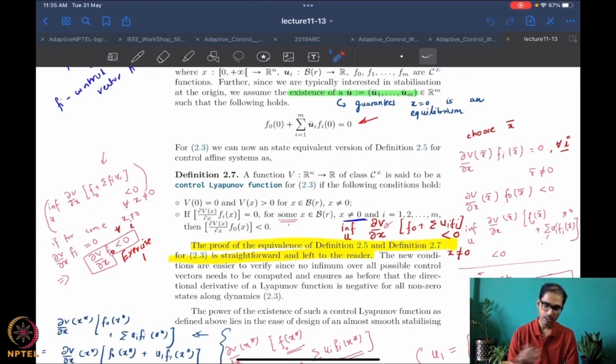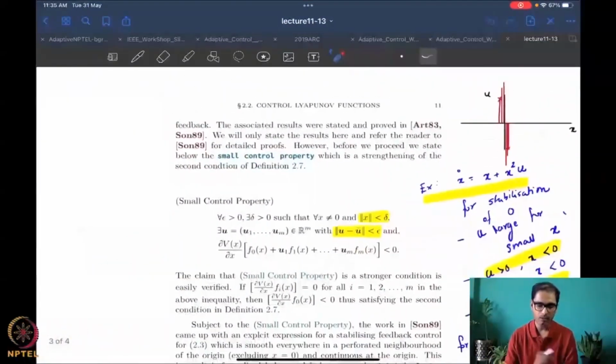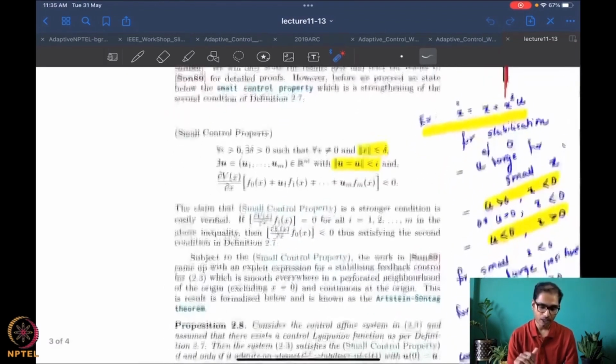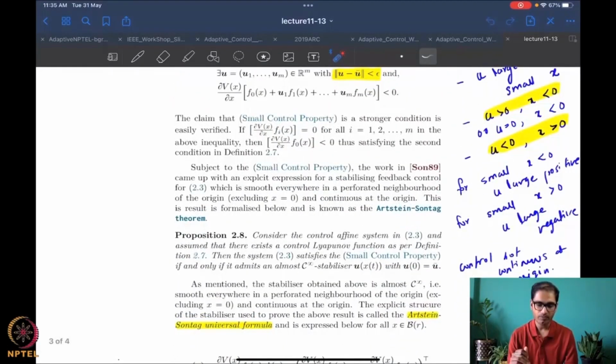Along with this, and what is called the small control property, which is essentially required for ensuring continuity of the control near the equilibrium, we are able to talk about a necessary and sufficient condition, which is called the Arstein-Sontag theorem, which essentially says that having a control Lyapunov function is equivalent to having a C infinity stabilizer, right?